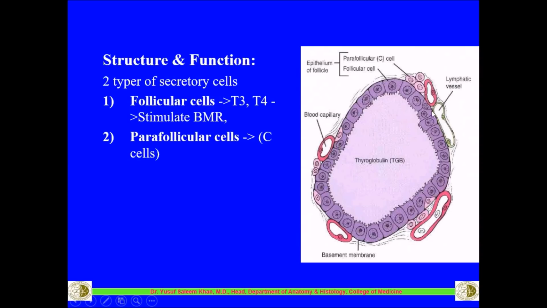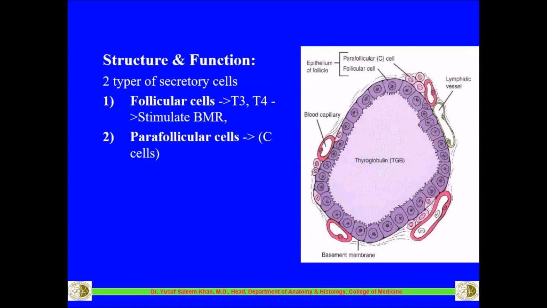These are called the follicular cells. Outside the basement membrane, we can see parafollicular cells. These are also called C cells.